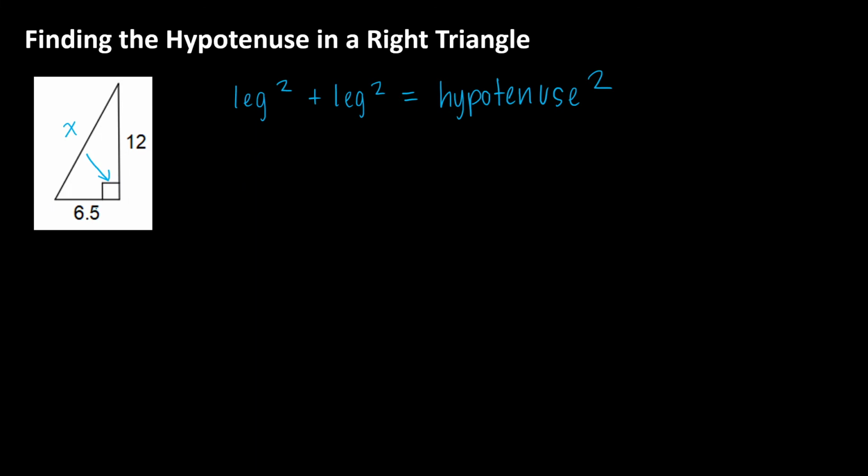The order of the legs doesn't matter. So let's do 6.5 squared plus 12 squared equals x squared, because x is the hypotenuse. That is the longest side of the triangle.